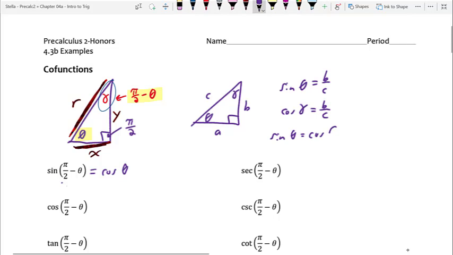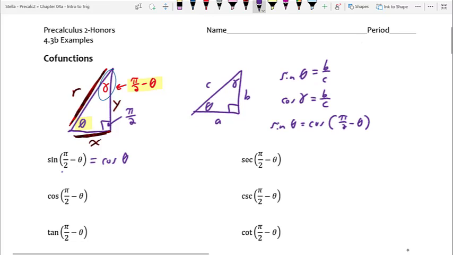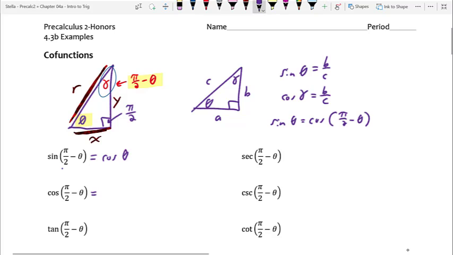And since gamma is just the complement of theta, gamma is equal to pi over 2 minus theta. So the same thing can happen here. The cosine of that angle is equal to the sine of theta. That's what makes these two functions cofunctions, where one is sine and the other is cosine. So if you're wondering where the co came from, it came from that.